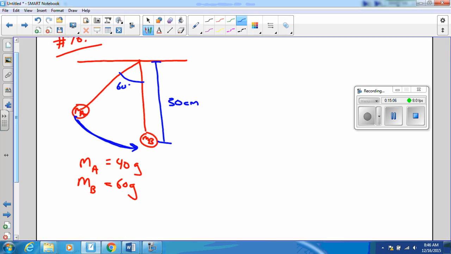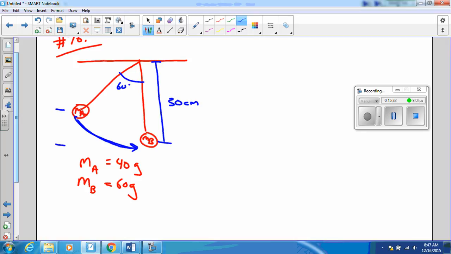And the tension is always going to be pulling this way while the object goes that way. What's that angle? 90 degrees. So how much work does tension do on this thing? 0. So I don't have to worry about the tension. My only question is, is gravity a conservative force? Yes. Therefore, I can use conservation of energy to get me from here to here.